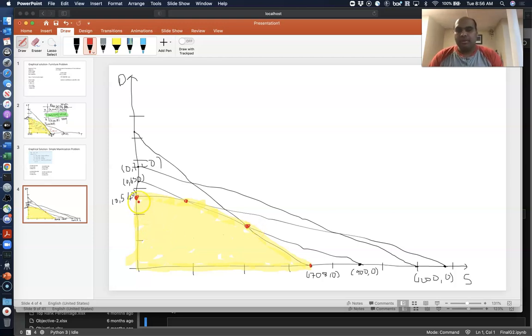So I'm going to name them, I guess I can just name them W, X, Y, and Z. This point is W, this point is X, this point is Y, and this point is Z. Now, just like last time, we know what W is, we know what Z is, but we don't know X and Y, and we're going to have to calculate them, right?